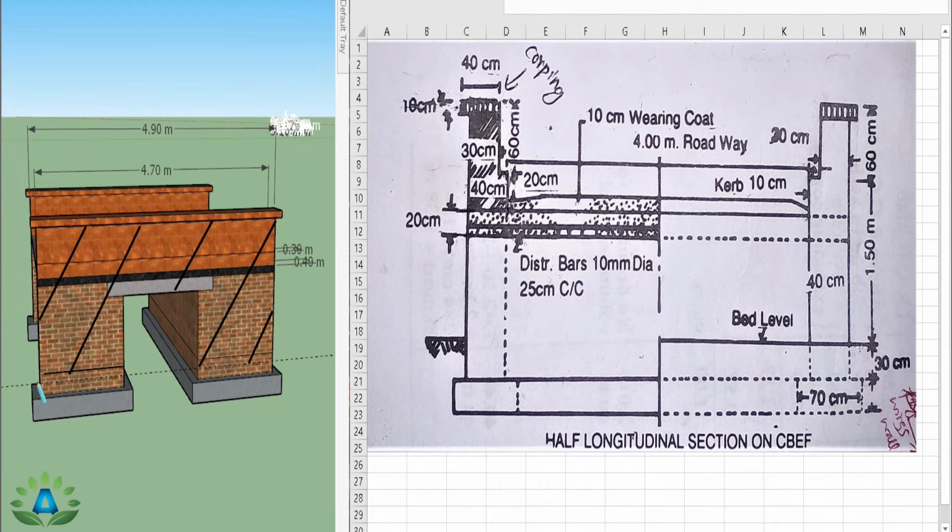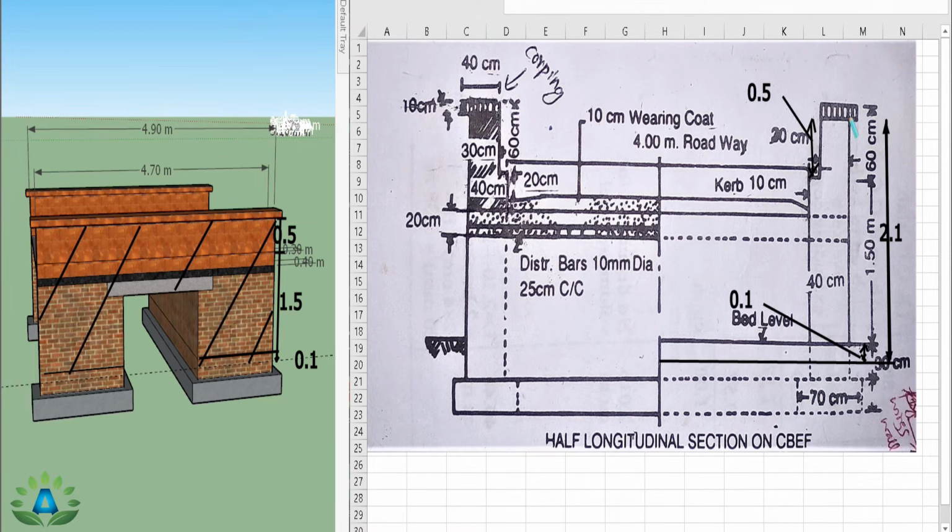And while doing this pointing, we have to assume that below the ground level we have to do the pointing up to the height of 0.1 meter. That means we have this portion as ground level, and below the ground level, this portion is 0.1 meter. That means we are going to do this pointing from this portion up to this portion.